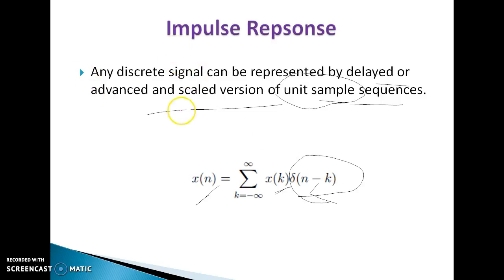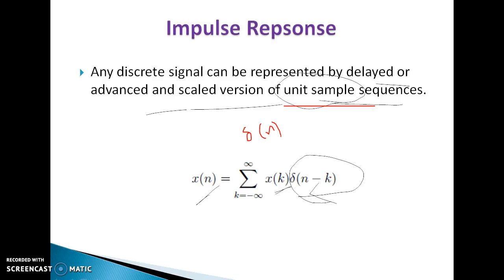Every discrete time signal can be represented by delayed, advanced, or scaled versions of impulse sequences, which are known as unit sample sequences. We know that the unit sample sequence is described by delta n, and it has a unit impulse, so it has an amplitude of 1 at n equal to 0.